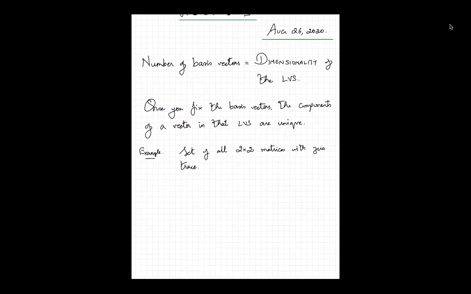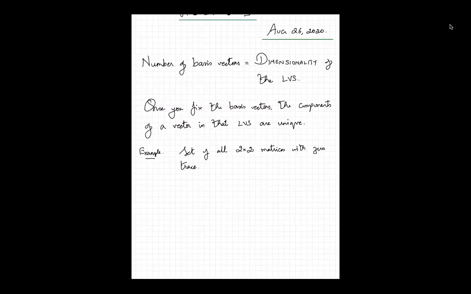So now we can ask, what is the dimensionality of this linear vector space? We should be a little careful, because the dimensionality of the linear vector space has nothing to do with the dimension of the matrices. The matrices are 2 by 2, so 2 rows and 2 columns. I can also construct 3 by 3 matrices with 0 trace, or 10 by 10 matrices with 0 trace.